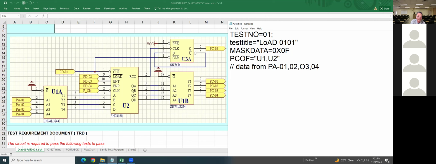Okay, so now that will go through U1. That's for a little more clear. However, U1 is U1, not B.